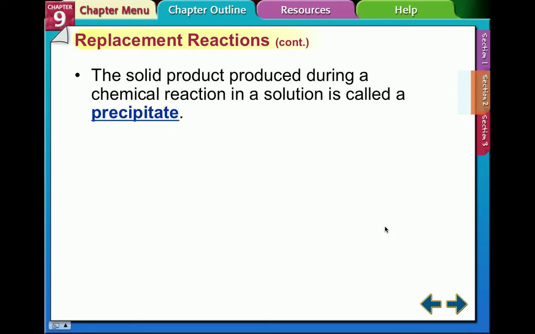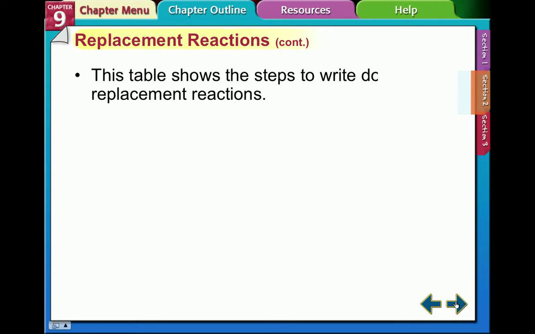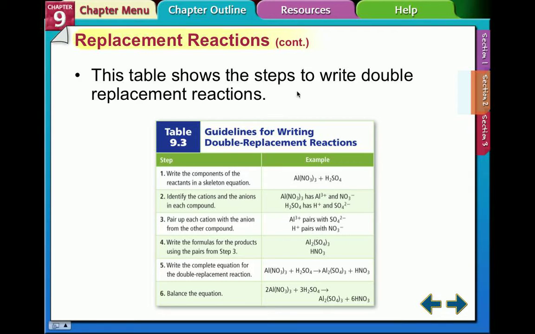Okay, the solid product produced when you have a chemical reaction is called a precipitate. All double replacement reactions produce either water, a precipitate, or gas. Remember, gas or precipitate, the bubbles, all of that, those are evidence of chemical reaction. Okay, this table shows how to write a double replacement reaction. I'm going to let you read through that to yourself.